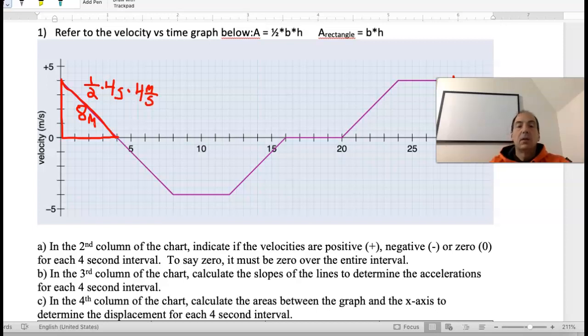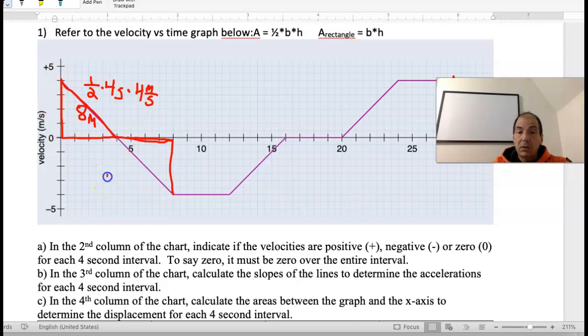All right, so now we're going to go to the next interval, and we're going to go another 4 seconds. We're going to talk about from here to, oh, I can draw. Ooh, good skills. All right, so this triangle, well, despite the fact that my drawing is terrible, this triangle and this triangle are going to be the same thing. This is 4 meters per second. This is 4 seconds. So we're going to get exactly the same area, except my height is actually negative now.